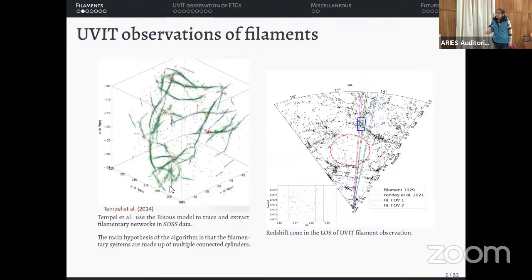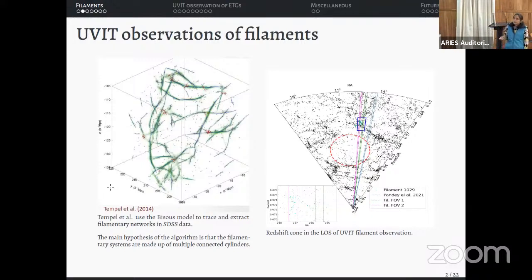This is where the UVIT observation was conducted, and this pink and green line are the line of sight of UVIT observation. This square portion is zoomed in here, and the green dots here are one of the filaments that we targeted. We identified the filament using this catalog, this work by Temple 2014.